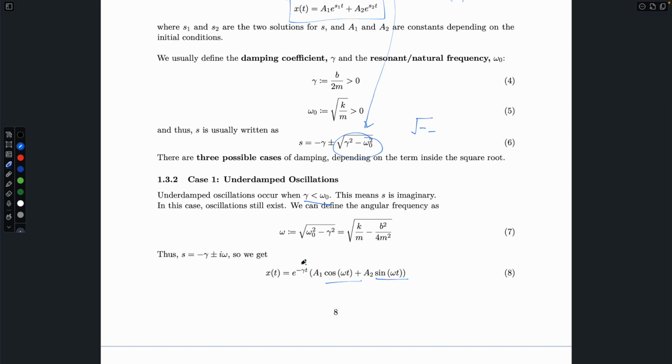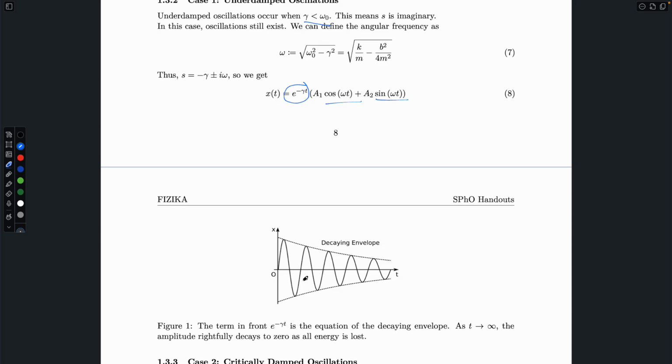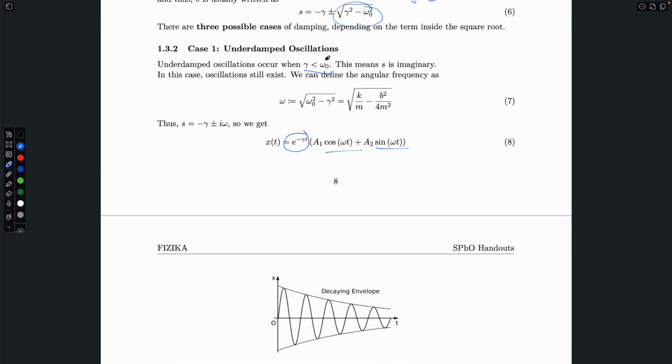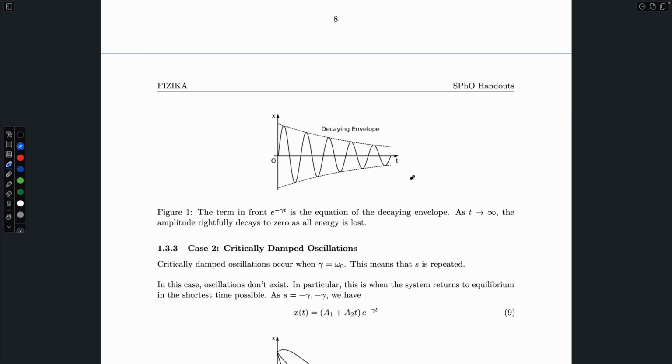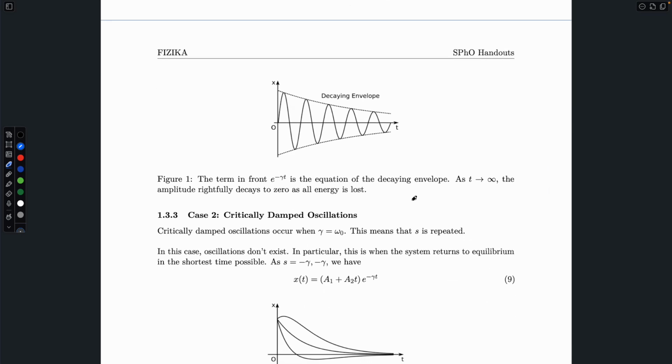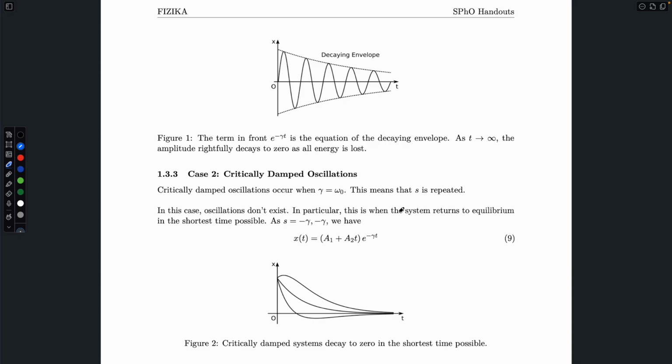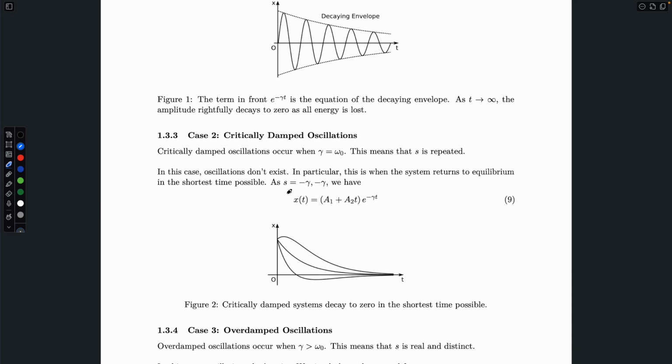But more importantly, you have a decaying exponential term in front. This term is the equation of this line, this decaying envelope. As t approaches infinity, the amplitude will decay to 0 because air resistance consumes all the energy. The second case is when your damping factor is equal to the critical value, the natural frequency, and then you will just have this.